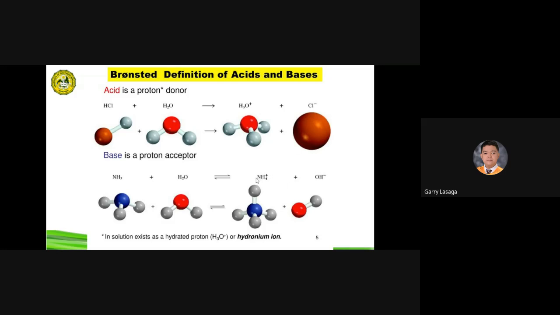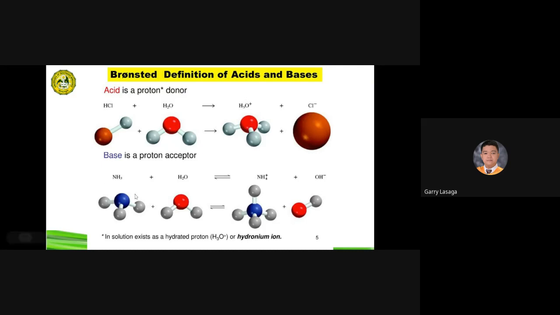This is considered to be a conjugate acid because it accepts or it takes hydrogen ion and it has a positive charge. So therefore, an acid in an acid-base reaction will always form a conjugate base, while a base will form the conjugate acid.